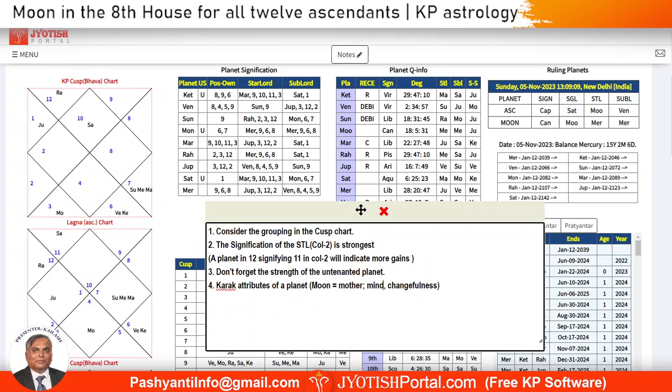So now let's take each of the 12 ascendants, put the moon in the 8th house, and slowly look at what kind of grouping it creates within the KP framework and what kind of result it is going to offer. This is based on an article by Sri Krishnamurti himself. So let's get into that.